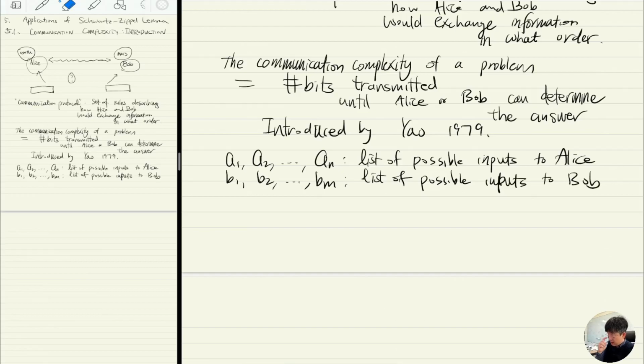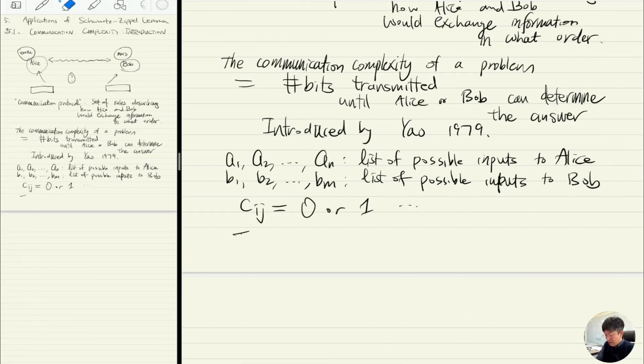All right, and then we construct a matrix. So let's say Cij is the value, let's say 0 or 1 for simplicity, and this is the value that they want to determine.